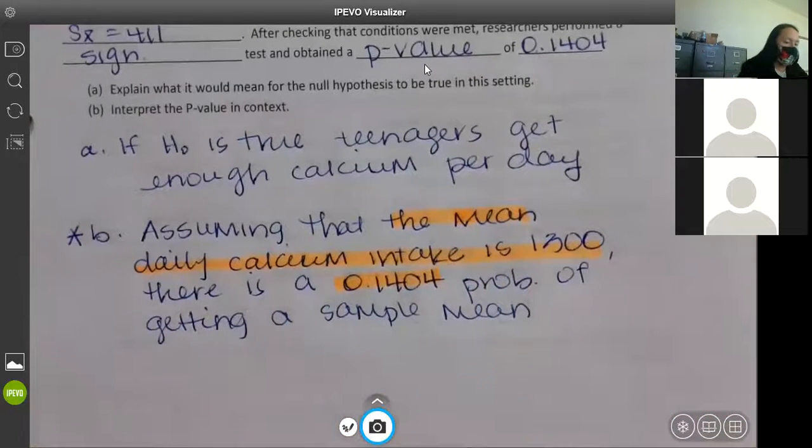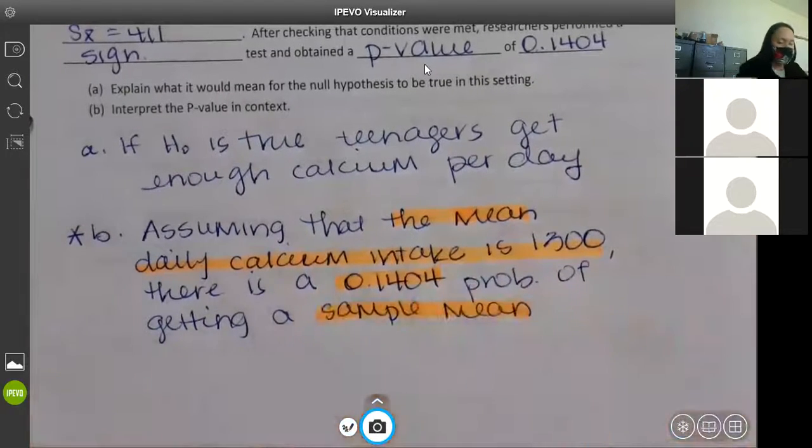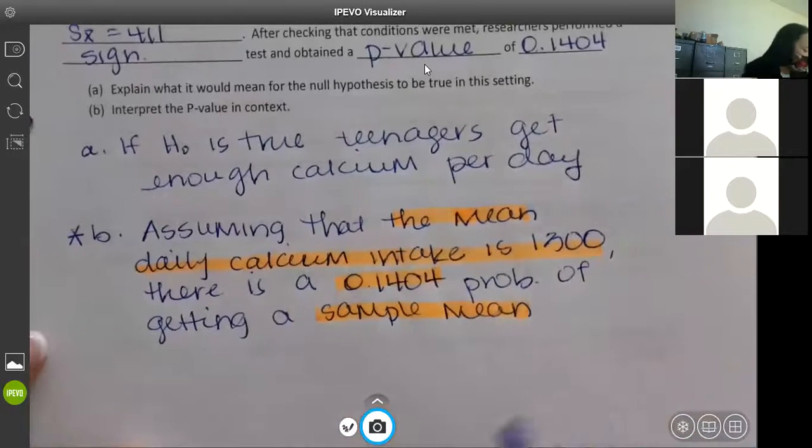That will only change if you're dealing with proportions. Everybody understand that? So that's just based on whether you're doing means or proportions.